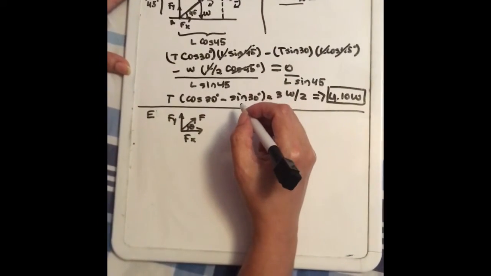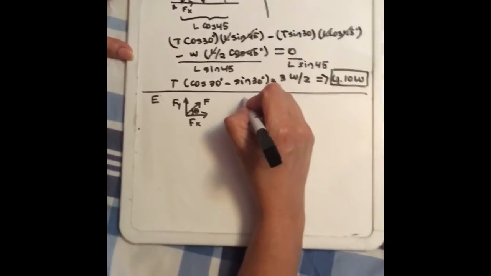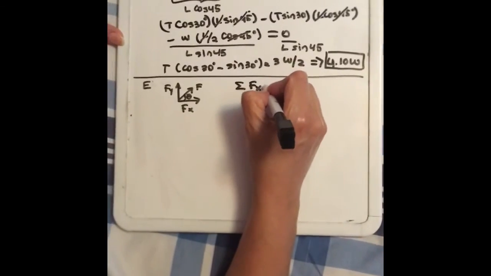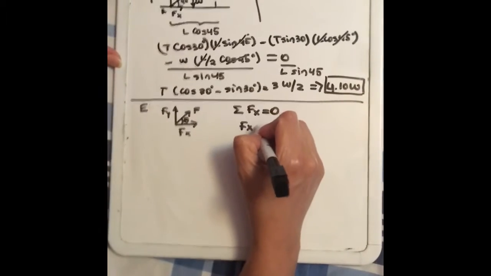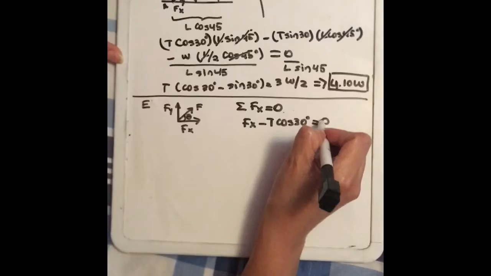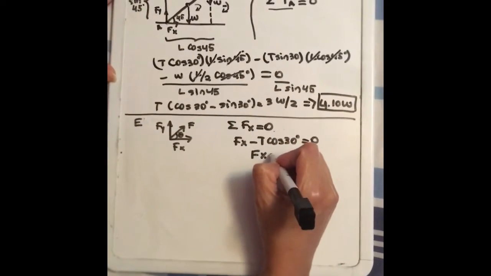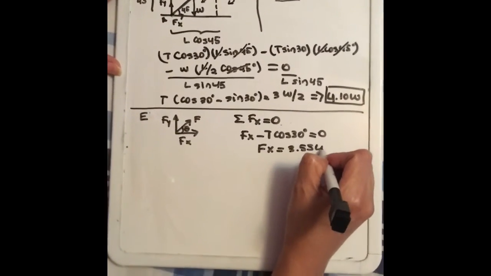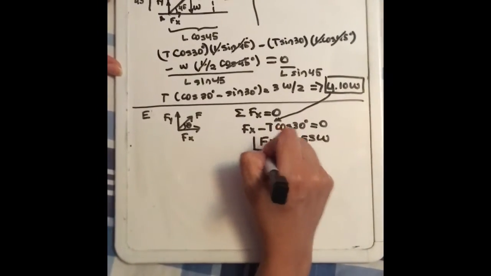We know, again, that the system is in equilibrium, so all the forces in the x direction equal 0, which gives f of x minus T cosine of 30 degrees equals 0, giving the answer of 3.55 W, using this over here, of course.